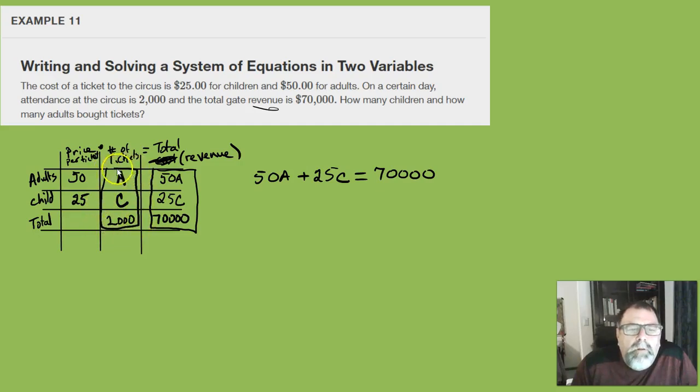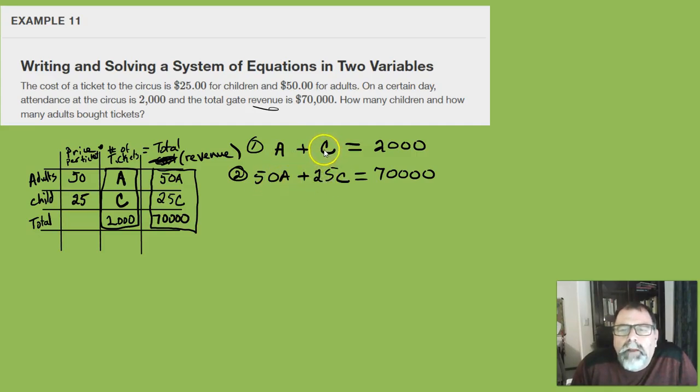To get a total number of tickets, you're going to take the number of adult tickets you sold plus the number of children tickets you sold to get a total paid attendance of 2,000. So this is my system. So now I'm going to solve it. I usually use the elimination method, and I typically look at the smaller of these two, which is the 25.